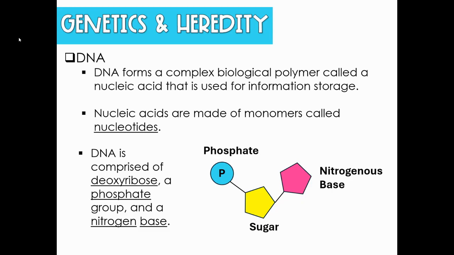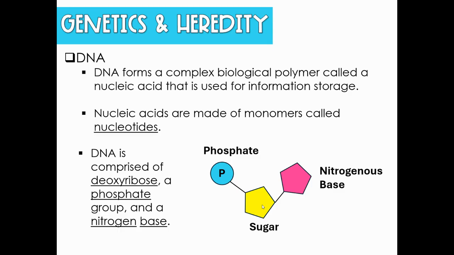So these nucleic acids are made of monomers called nucleotides, and you can see an image of a nucleotide here. You're going to have to memorize the 3 parts of a nucleotide, so just make sure that you remember that a nucleotide contains a phosphate, a sugar, and the phosphate and sugar make up the backbone of the DNA or RNA molecule.